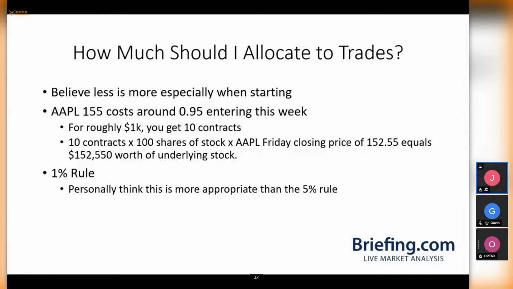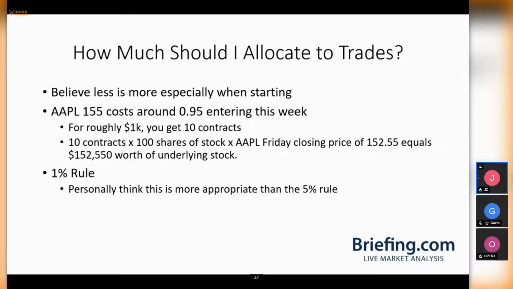Because there's been a lot of times where a Friday afternoon has rolled around as a new trader, and all of a sudden I've got 30 Apple contracts, and I'm like, well, I started the week with 5 of these, and now I have an extra 25 of them that are all worthless. Like, what were you thinking? So, if you do double down and it ends up working out, it's fantastic. But I think the odds are very much against you in that case, and I would recommend staying away from that.